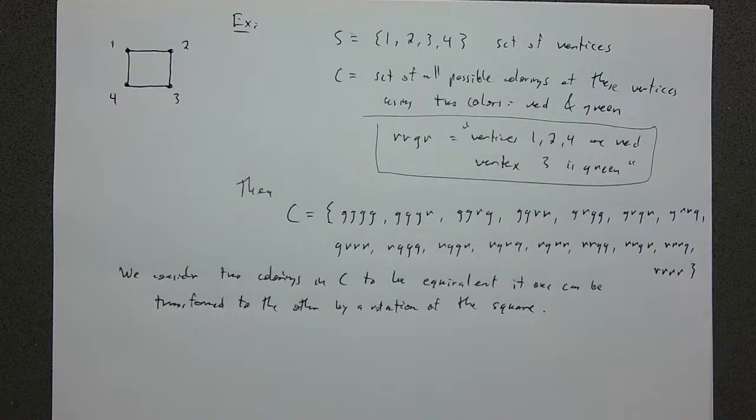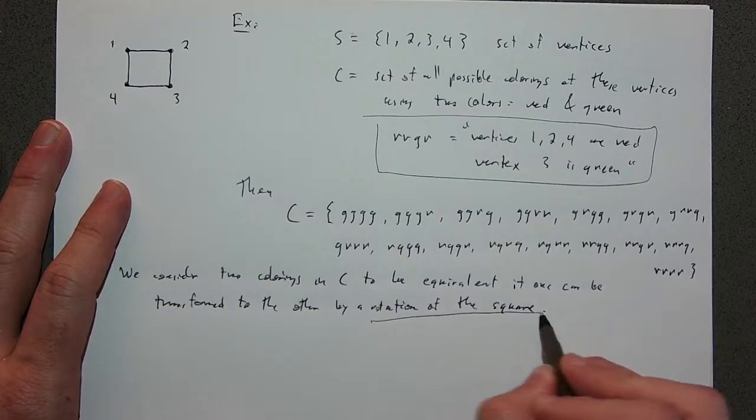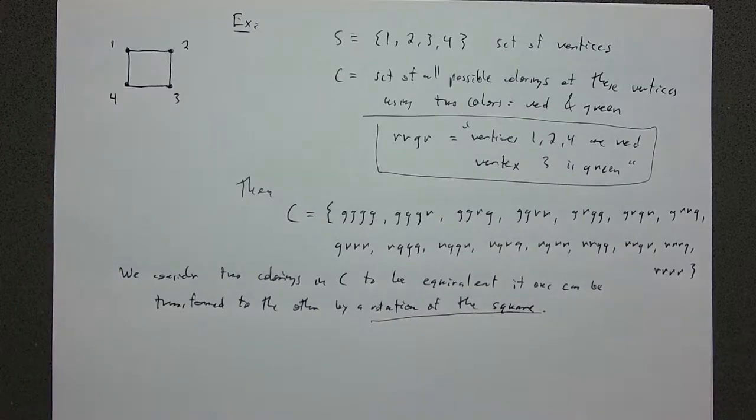So we're not doing rotational and reflection symmetry here. This is just a question of rotational symmetry. Okay, we'll see examples later of how to use the dihedral group instead. But right now we're just talking about rotational symmetry.